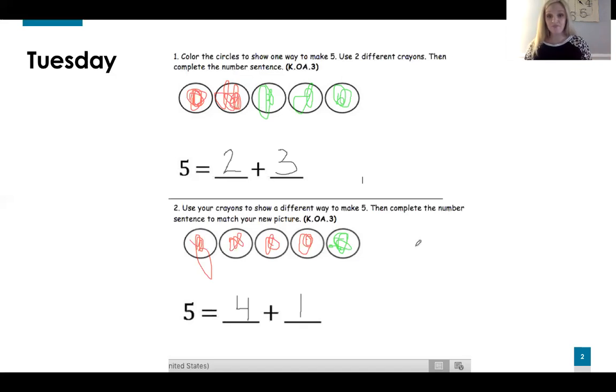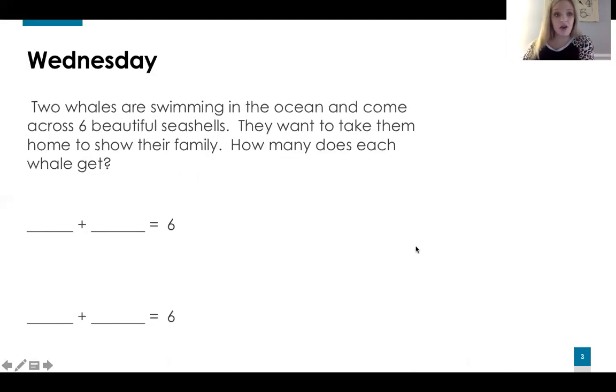So that's what we're going to be doing with our math this week, is just different ways that you can make the number. So this says Wednesday, but we're just kind of looking at it. 2 whales are swimming in the ocean and come across 6 beautiful seashells. They want to take them home to show their family. How many does each whale get?